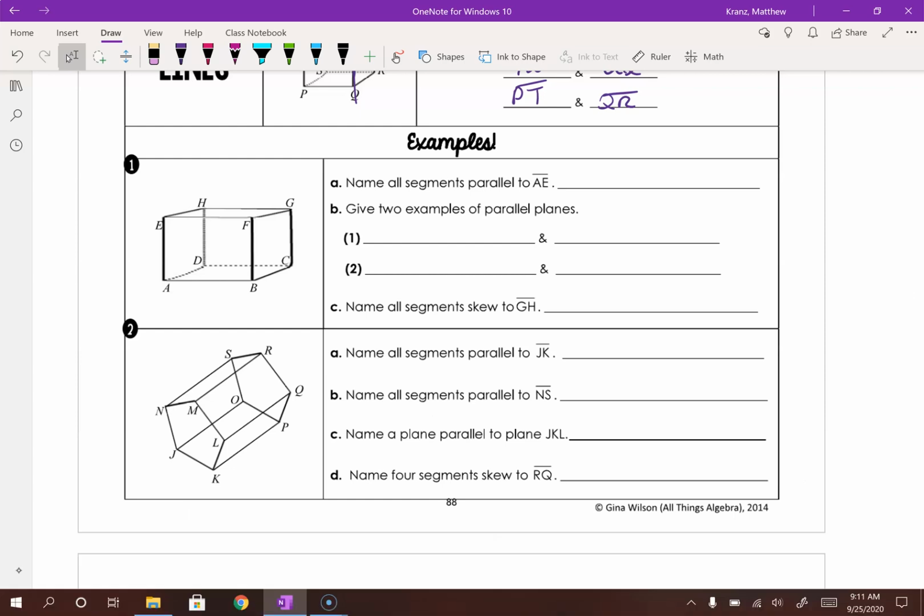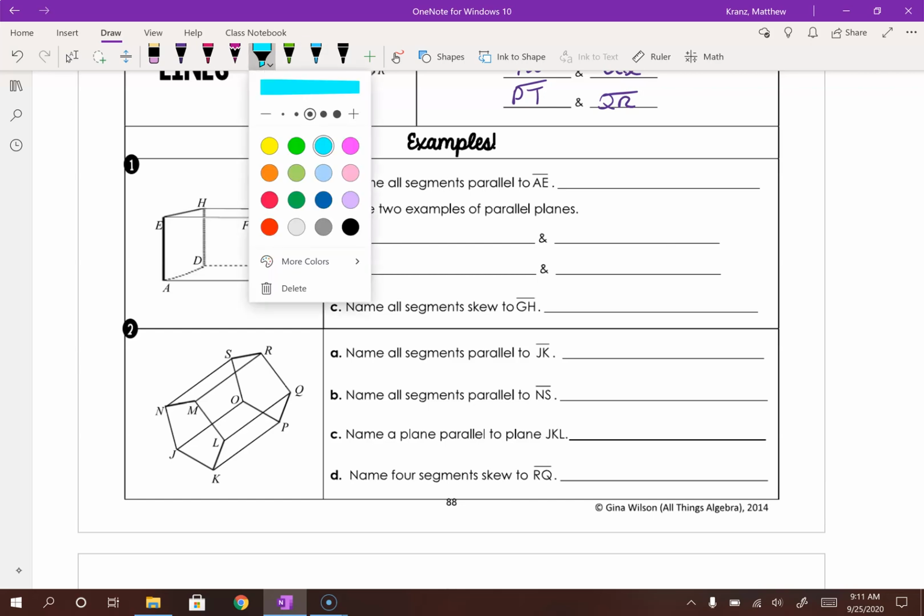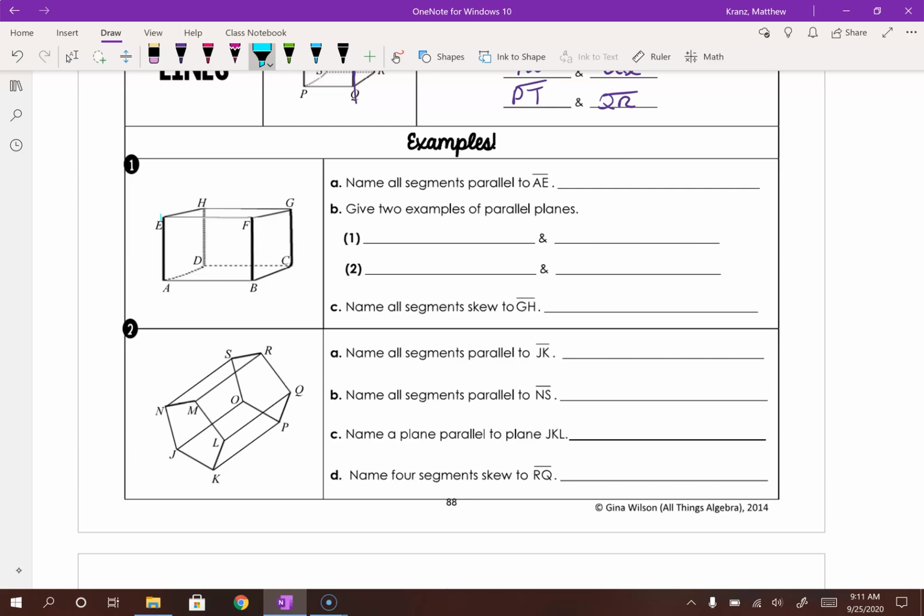Name all the segments that are parallel to AE. So let's first identify AE. AE is right here. We need lines that go the same direction but don't touch. So we have HD is one of them, right here.